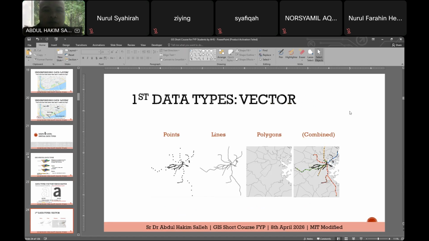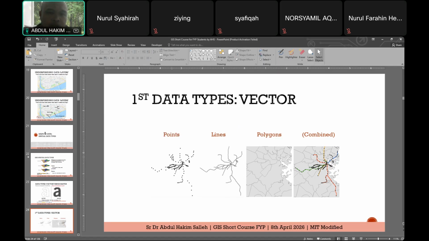Okay, now first data types, let's take a look at the vector. Okay, vector, there are three types of vector data. First is point data, line data, polygon data. All these three types are vector data. Okay, point. Point is a single dot here, where it holds at least the coordinates of x and y.